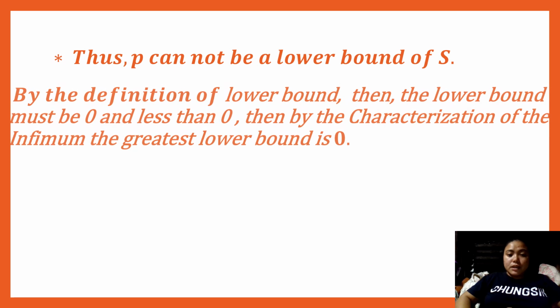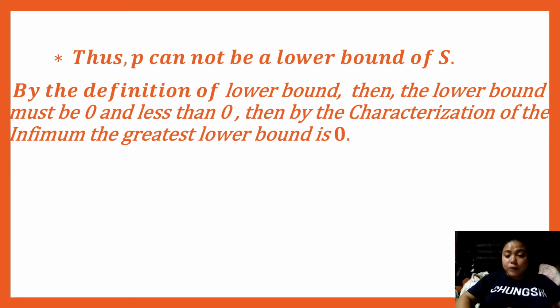Thus, p cannot be a lower bound of S. By the definition of lower bound, the lower bound must be 0 or less than 0. Then, by the characterization of the infimum, the greatest lower bound must be 0. Thus, the infimum of S is equal to 0.